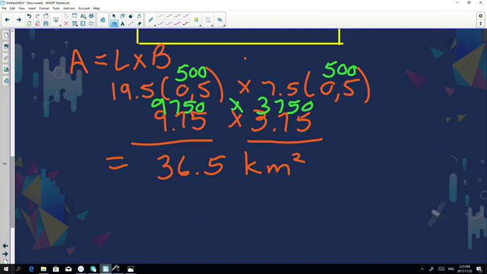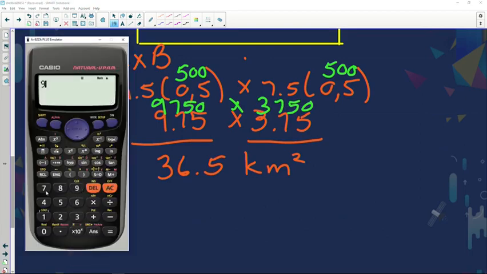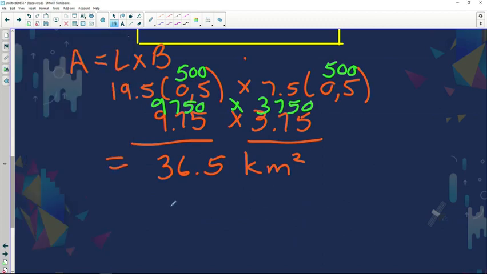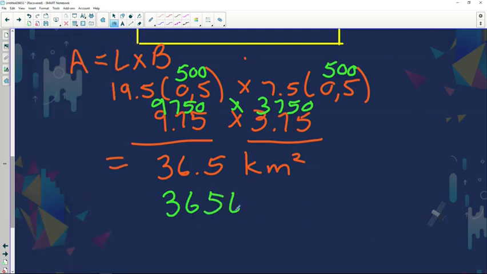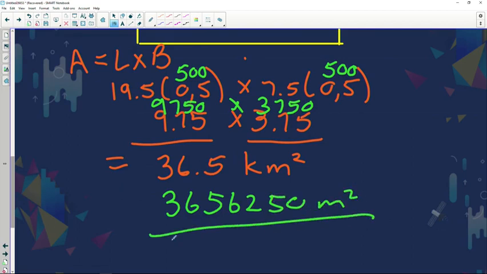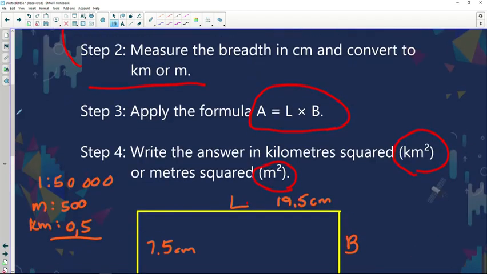So we times the 9,750 with the 3,750, and we will get an answer of 36,650 square meters. Okay, so that will happen if it's on a topographical map.